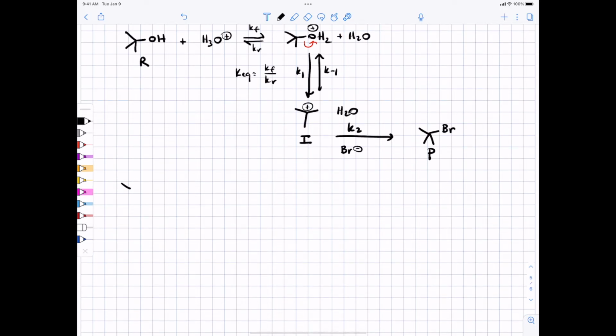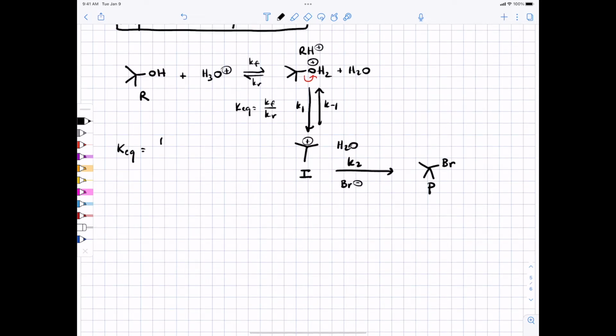Well, this is just an acid-base equilibrium, and we could say that K_eq for that reaction is equal to the concentration of RH plus times the concentration of water divided by the concentration of R times the concentration of H3O plus.